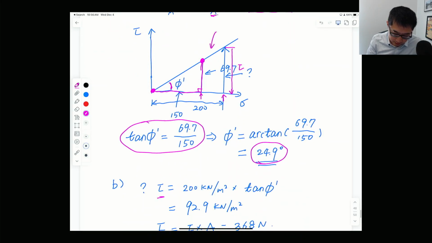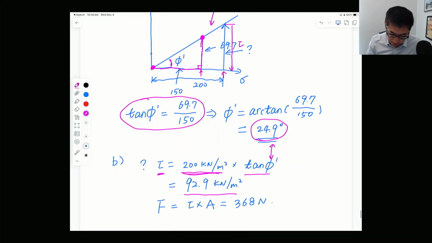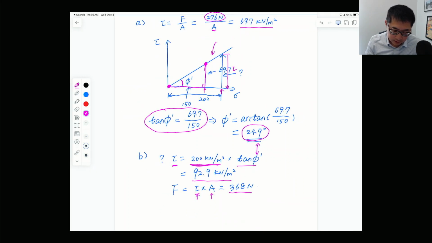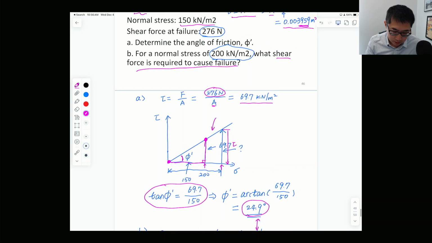Your shear stress at this new vertical stress is going to be the normal stress times the tangent of the friction angle. You calculate that, and you're going to come up with about 93 kPa of shear stress. But you do need to convert that shear stress, using the area, to a shear force. So 368 Newton is going to be the answer for the second part.